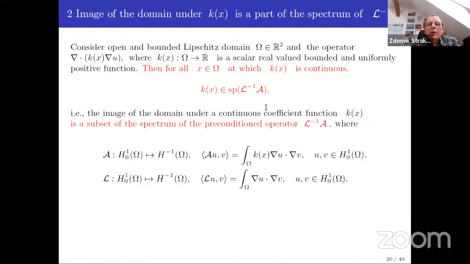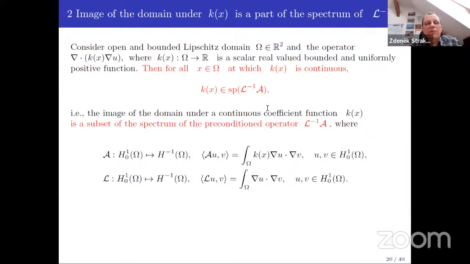This paper is about infinite dimensional spectra. Let's take this operator from the model problem, where K is just a scalar real-valued function, and it's uniformly positive. So we consider the operator self-adjoint and coercive. The theorem says that for all points in omega at which K(x) is continuous, the value of K(x) must be a part of the spectrum of the preconditioned operator with the Laplace preconditioner.